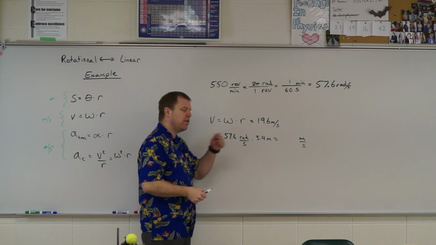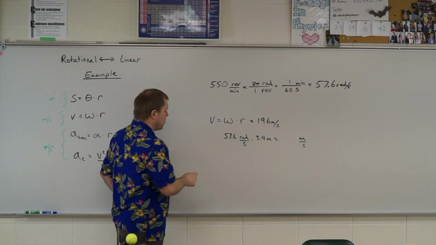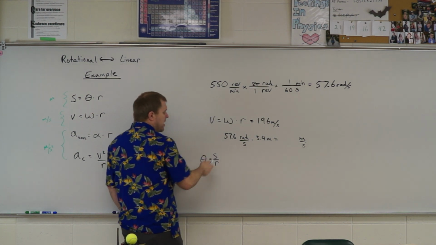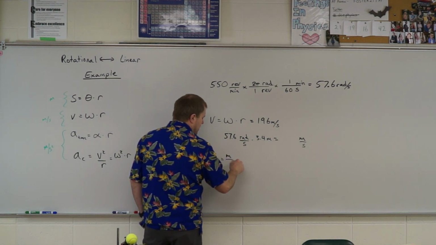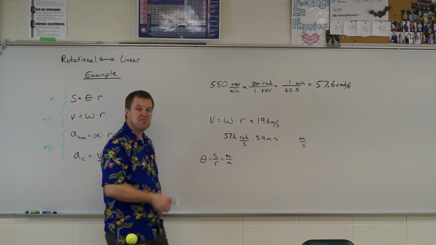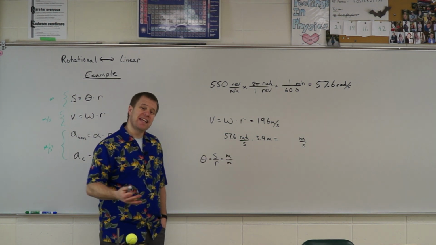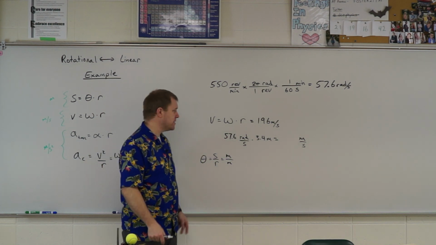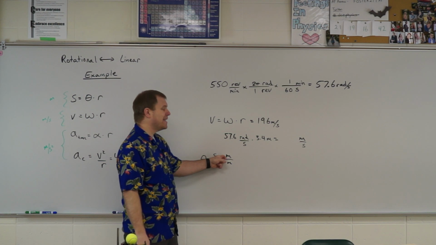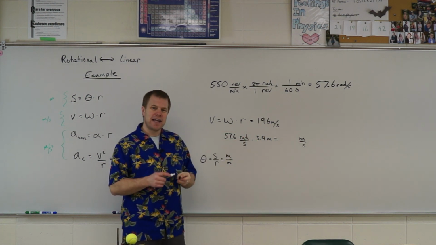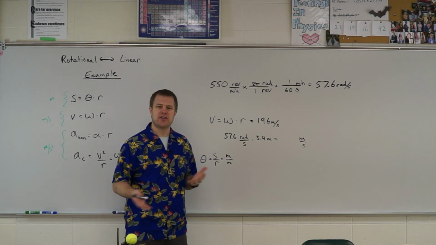That comes back from before, when we talked about theta is S over R. S is in meters, radius is in meters, and meters divided by meters should give me no units, but we give it radians as a placeholder, as information about what that number represents. Whenever we get a chance to substitute meters back in, we drop that radian. It's just a placeholder. It's not actually a unit.